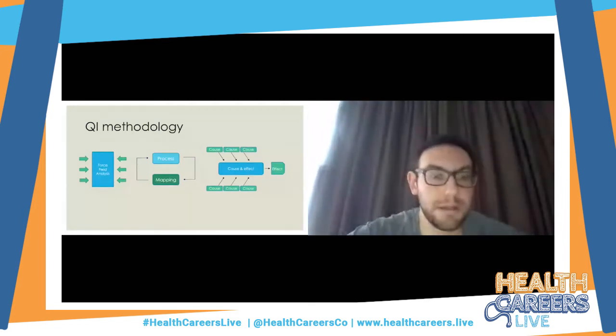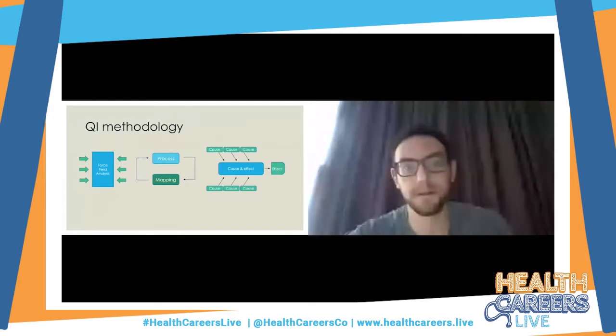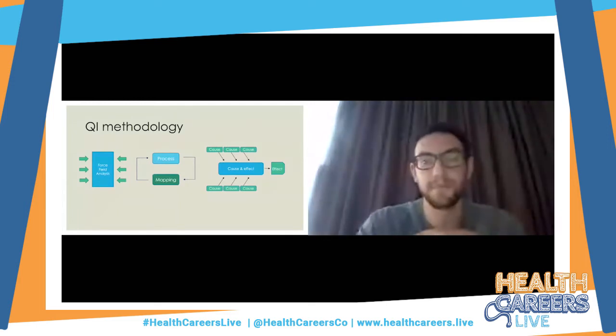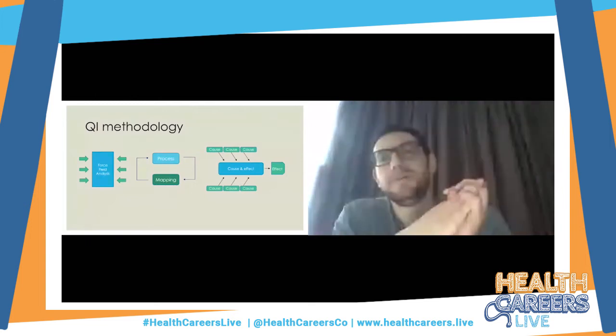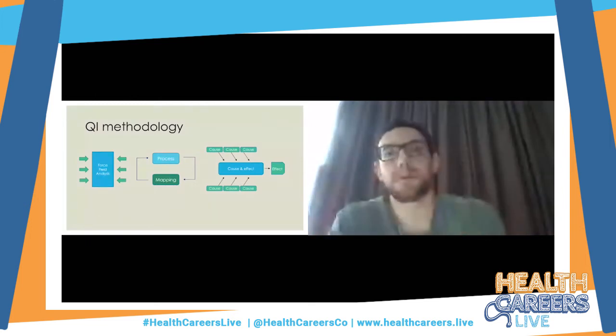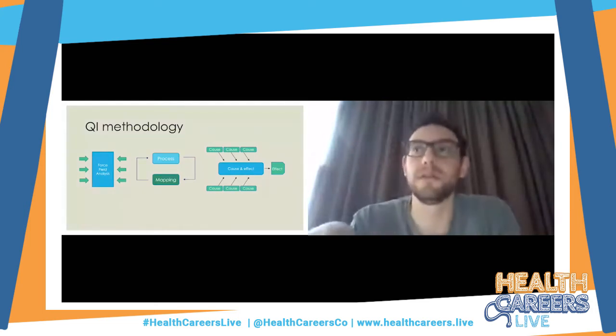Process mapping, and the next slide will be a bit of an example for that, so we'll talk about that in the next slide. Cause and effect is also known as a fishbone diagram. So you've got your problem where the effect is, so whether that's reduced prescribing or prescribing errors, antibiotic prescribing errors, and then you're looking at all the causes that are contributing to those prescribing errors.